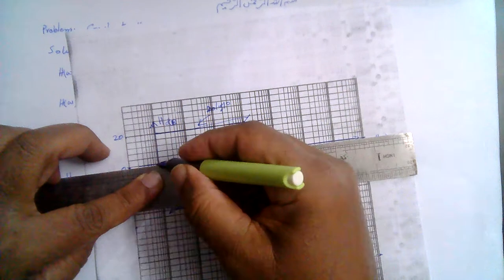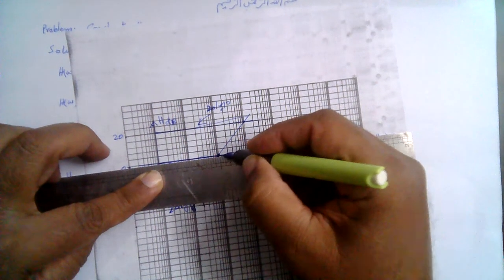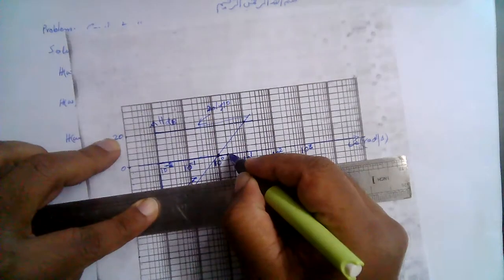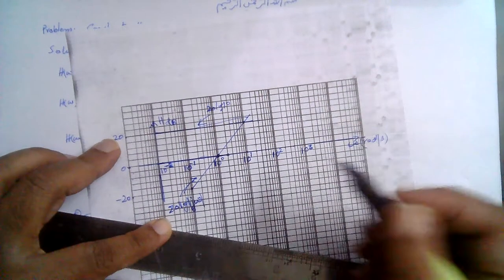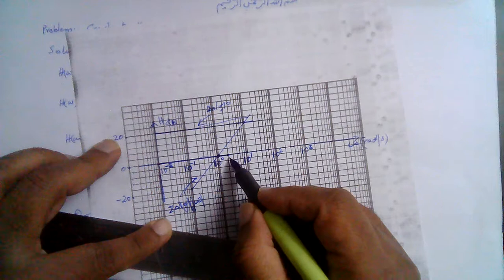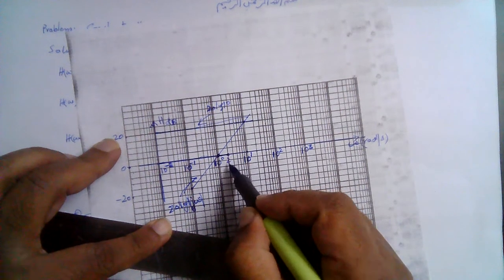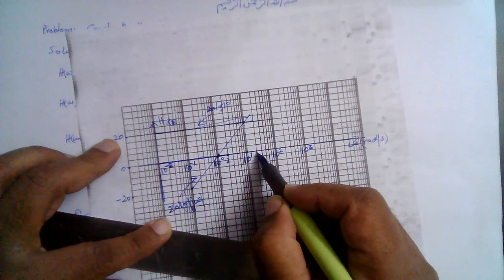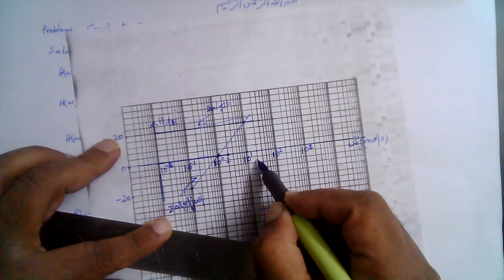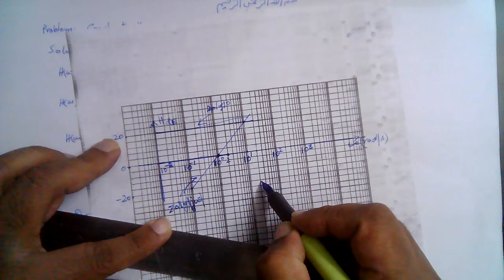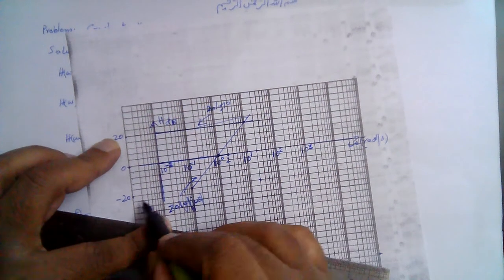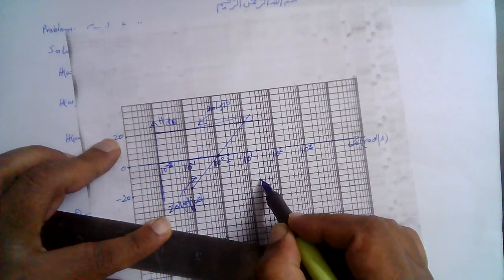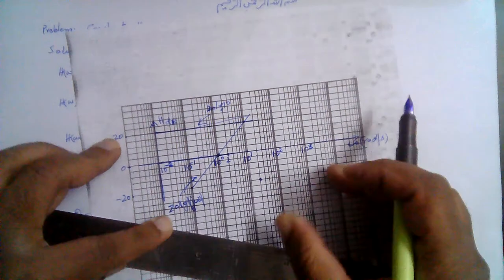The asymptote is 0 till this corner frequency, and then it has a slope of minus 20 dB per decade. So this begins at 2, so at 20 this should be minus 20 dB here, right, after 1 decade.